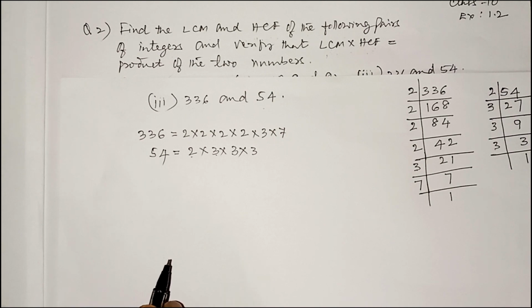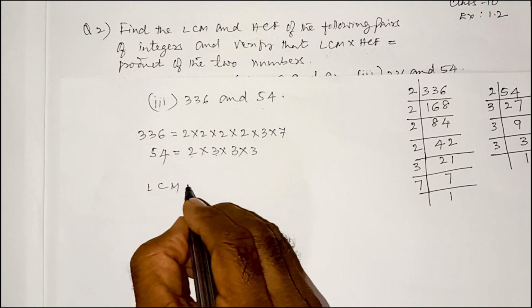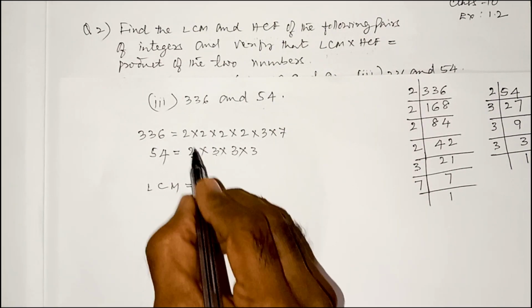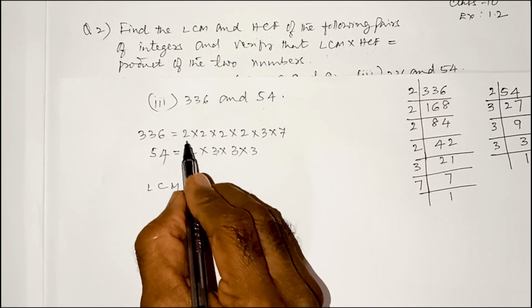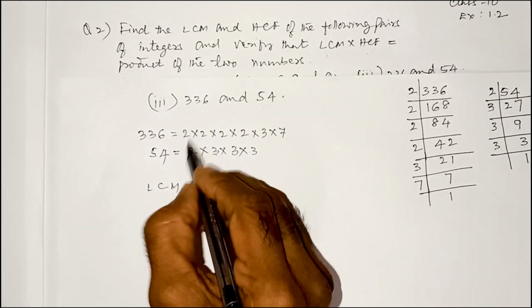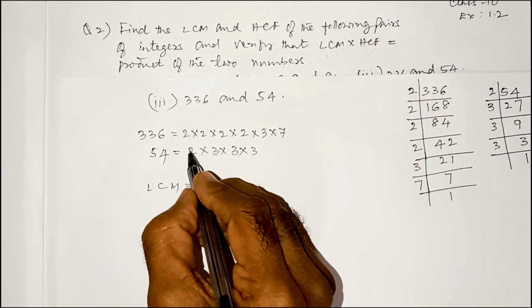The second step is to find out the LCM. You know very well, it is already taught to you how to find the LCM. It is very easy. All you need to do is find out which number is highest between these two factors. In this case, let us take 2.